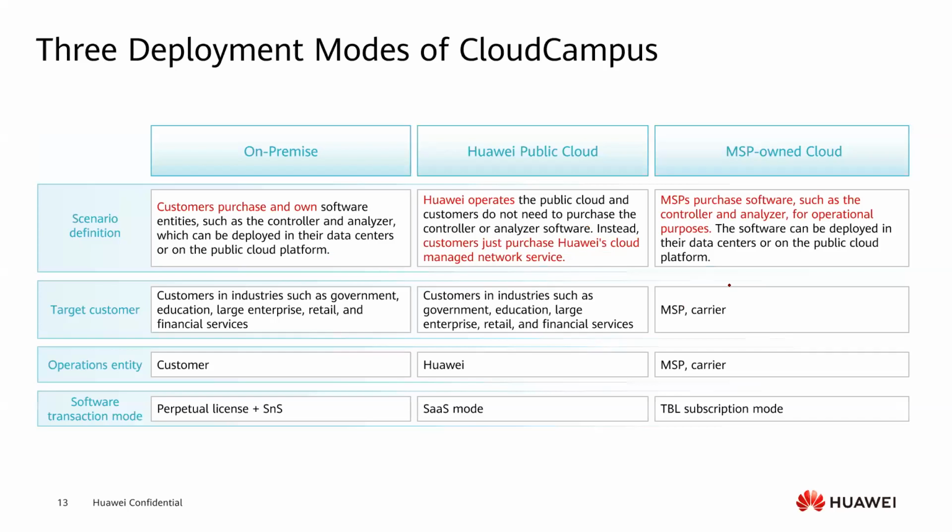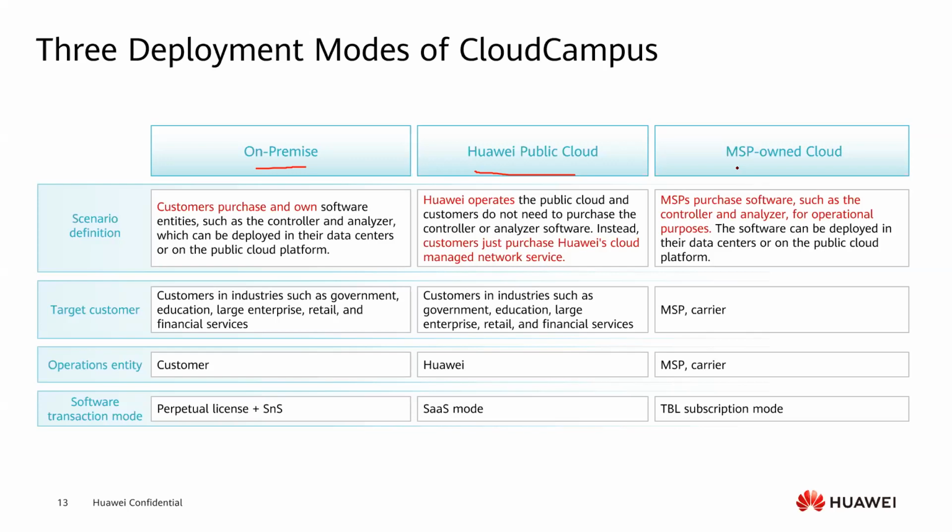And there are 3 deployment modes for the cloud campus. One is on-premise. This means you just buy the controller and the analyzer and establish the controller in your own data center. Another is the Huawei public cloud. Just for the Huawei site, it maintains the controller and provides some cloud service for you.